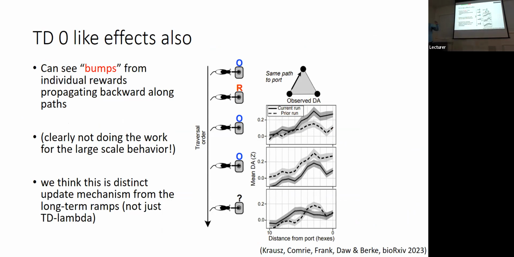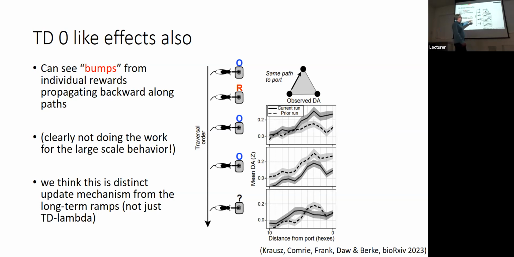You can see, superimposed on the whole function moving up and down, this process of chaining, where the individual reward you get at the end of the path chains backwards over a series of runs along the path, as is predicted by the really classic TD(0) algorithm. It's vastly not possible that this is driving large-scale behavior because it's too slow, but it's there in the neural signal, just as predicted by the classic models.